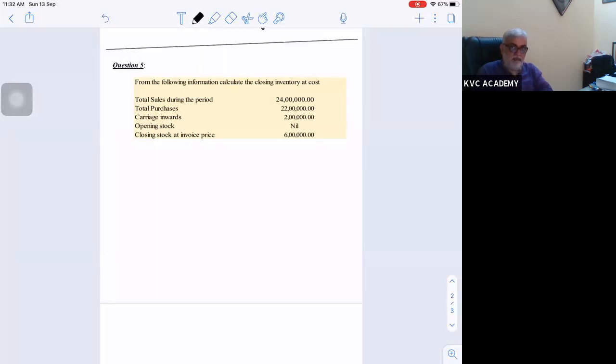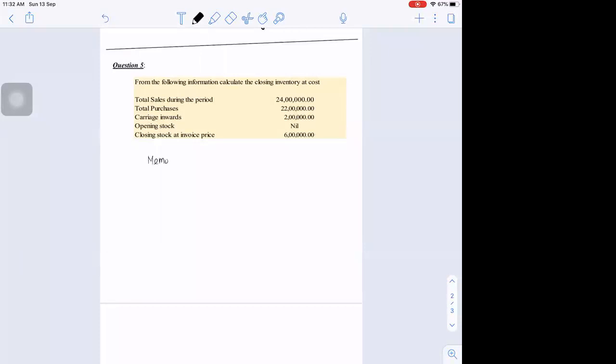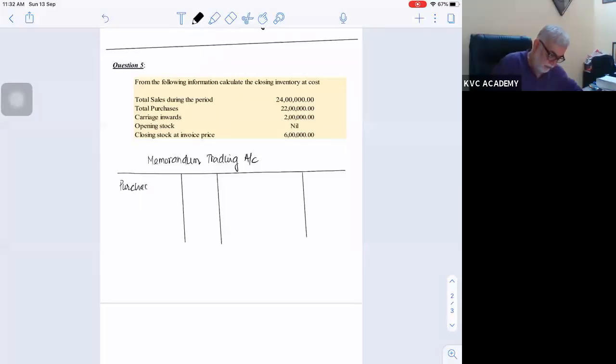For this, see, the best way to understand this would be to open a memorandum trading account. Okay. If I open a memorandum trading account, purchases is 22.